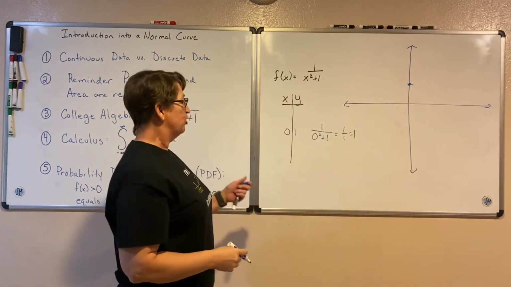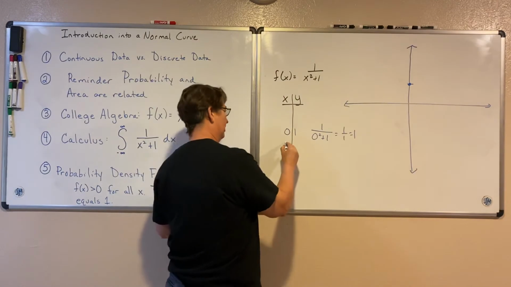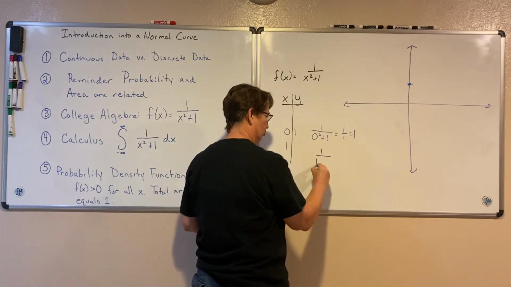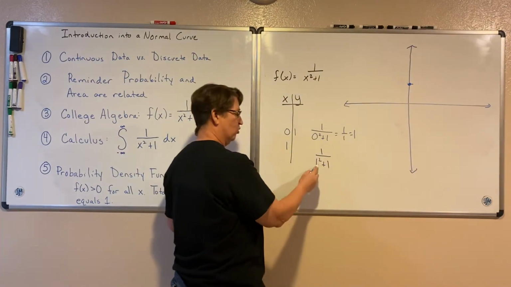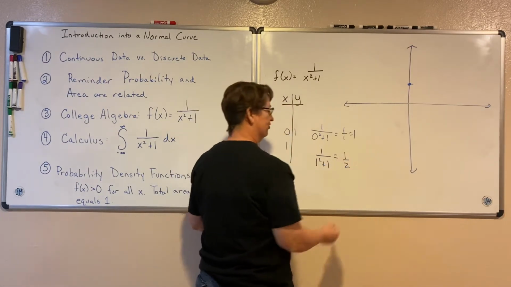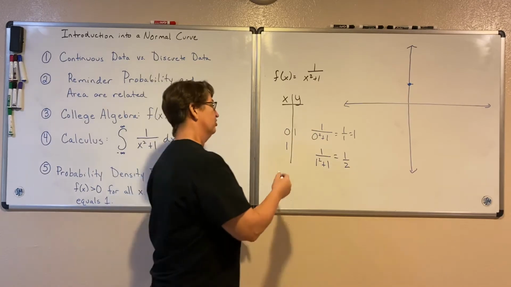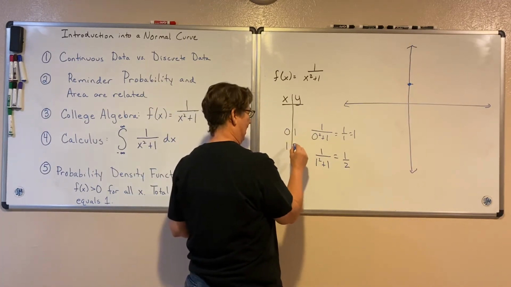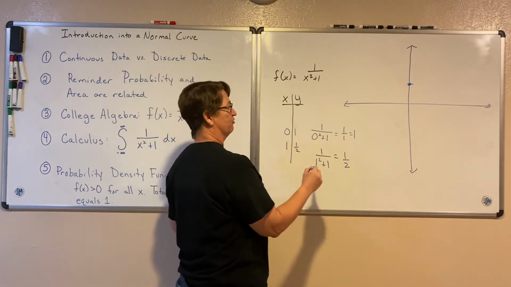Then, if I put in a number like 1 for x, 1 over 1 squared plus 1, well, 1 squared is 1 plus 1 gives me 2, so my output there is 1/2. So when I put in 1 for x, I get out 1/2 for y.